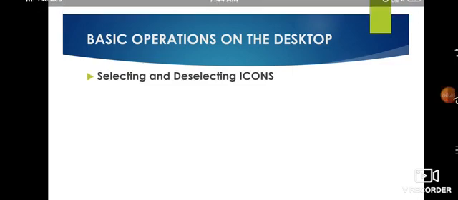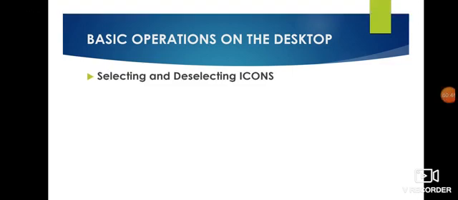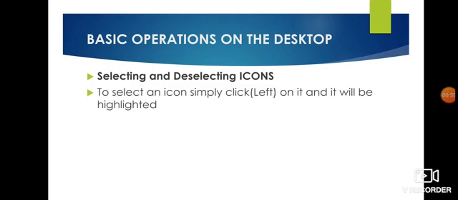So the very first operation is selecting and deselecting icons. We can select the icons as well as deselect the icons on the desktop screen. How can we select an icon? To select an icon, simply click on it and it will be highlighted.